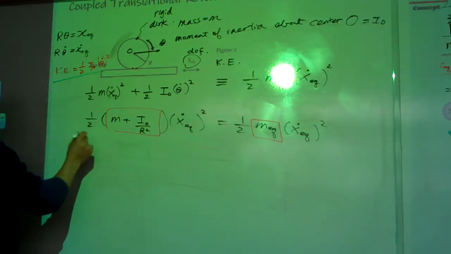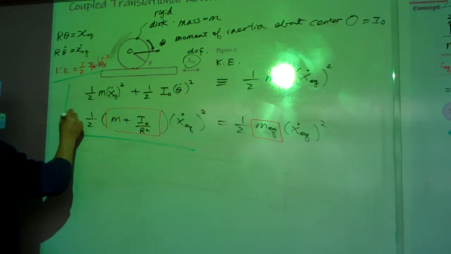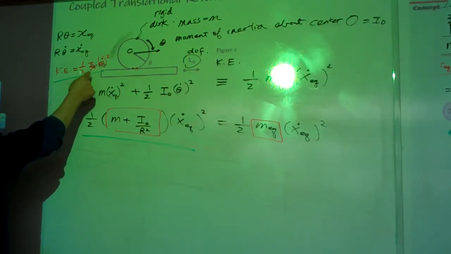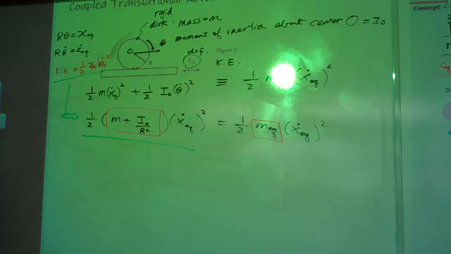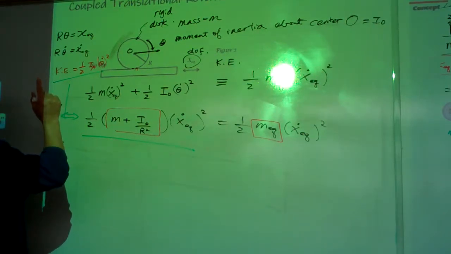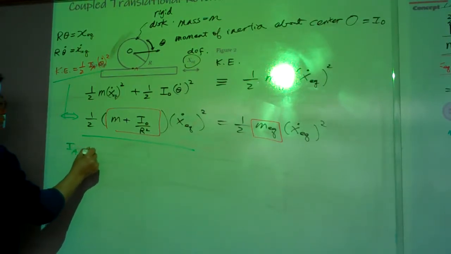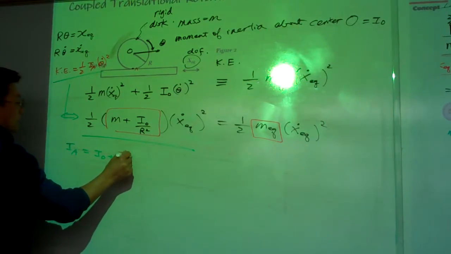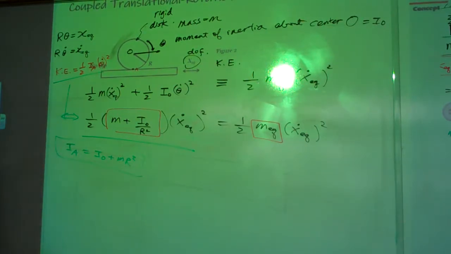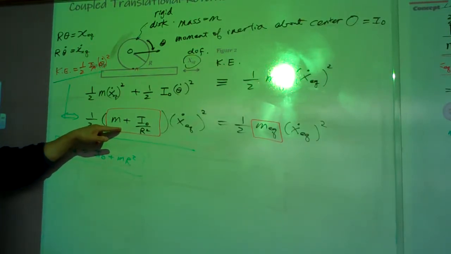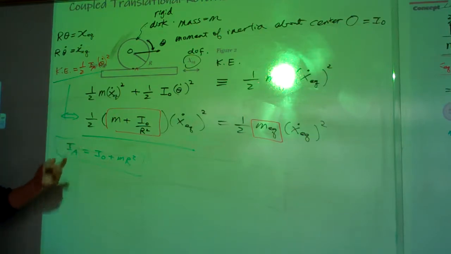This term is equivalent to the whole term here, they are equal. That means the moment of inertia with respect to point A, IA, is equal to IO plus m r squared. Sorry, it should be like this. So you can also use the simple properties of the moment of inertia to achieve the same result, but here I'm simply using one method.